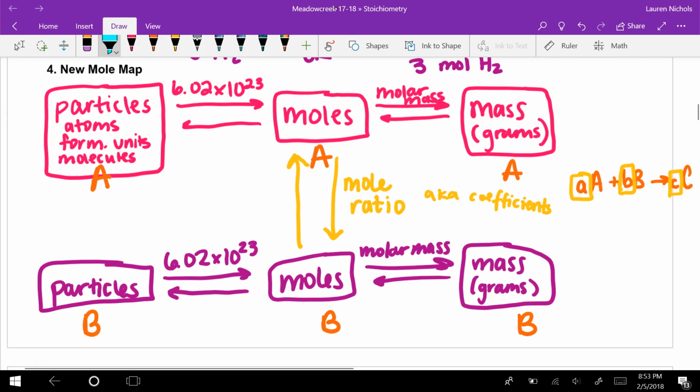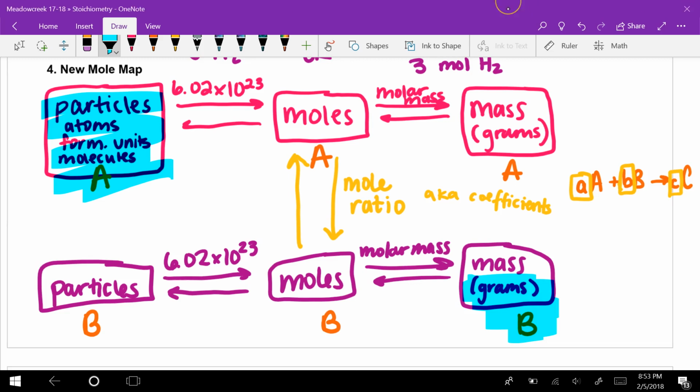So let's say I have grams of B, and I want to be able to get the particles of A. So I have to change from B to A, and I also have to change from grams to particles. In order to do that, I just follow my road. We pretend it's like a bus stop. I start at grams, I go on molar mass road, I pause on the bus, because when you're on the bus, you might make a lot of stops, even if that's not the one you're ending up at.